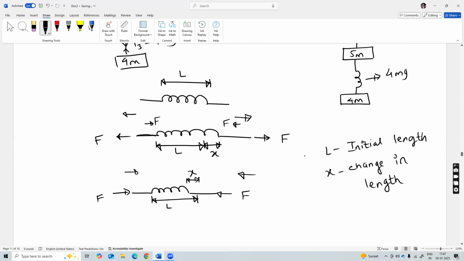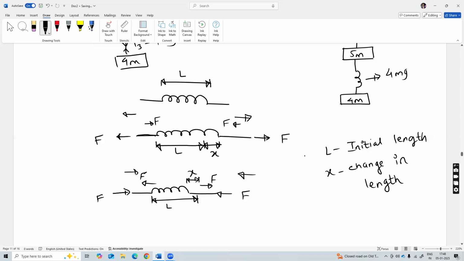Similarly, if you compress the spring with force F, there will be a restoration force F which will try to bring the spring to its original position.